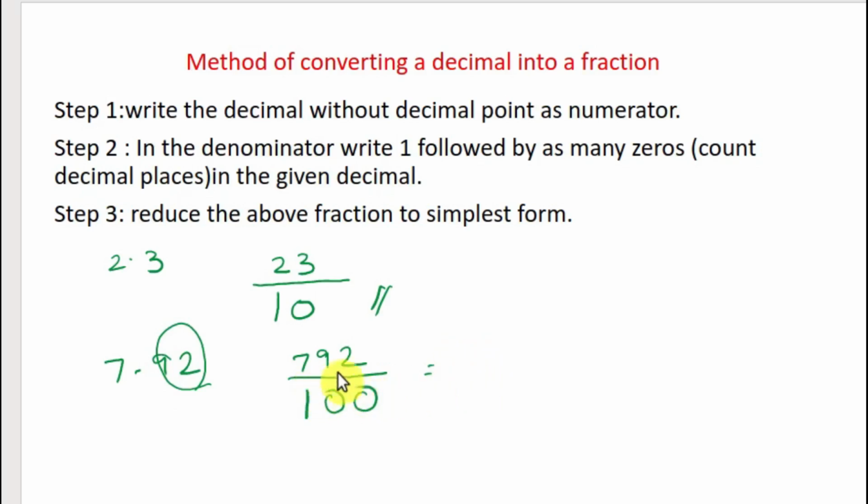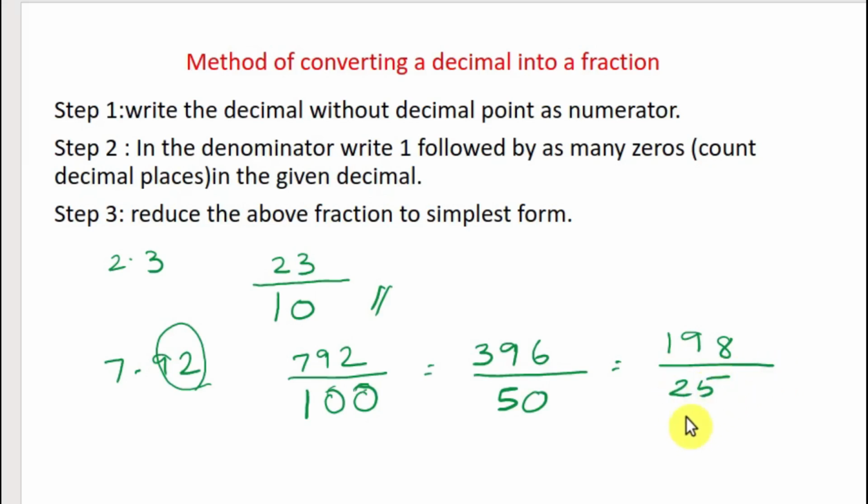How to reduce? 792 over 100. 792 is an even number, so divide by 2. 396 over 50, divided by 2 again. It will be reduced by 2. So 198 by 25 is the simplest form of this fraction.